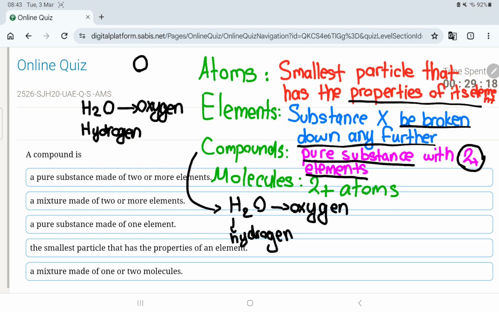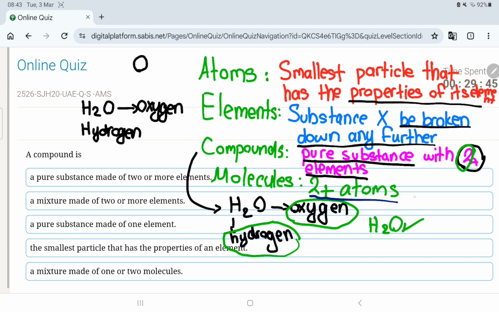Hydrogen and oxygen. How many elements do we have? Here it wants 2 or more elements. We have hydrogen and oxygen. How many elements is this? 2, right? So we can have 2 or more elements. So is H2O a compound? Yes, it is.